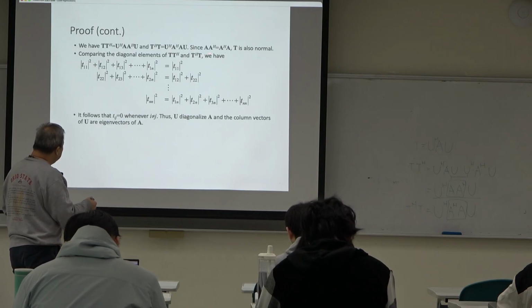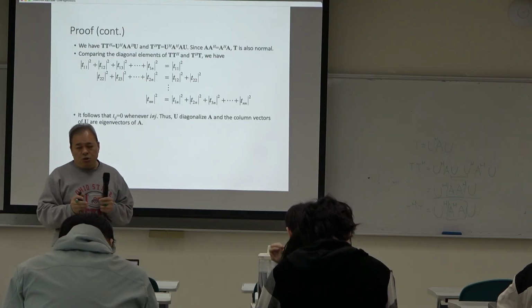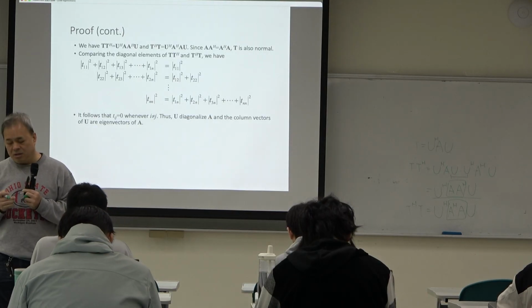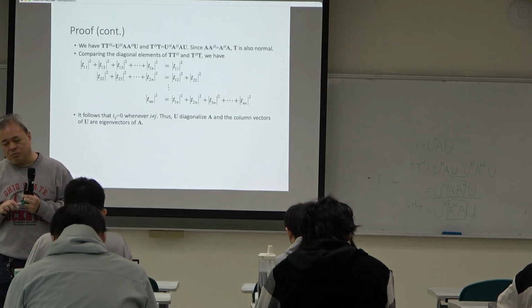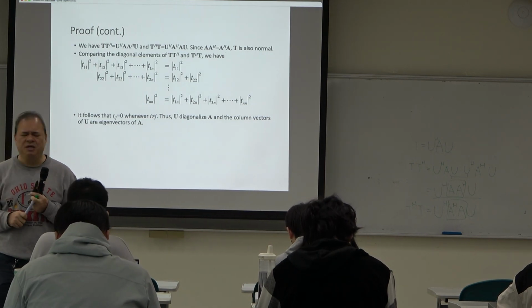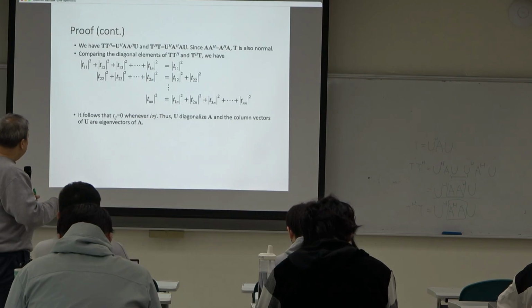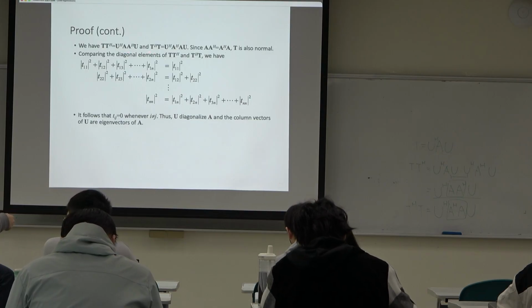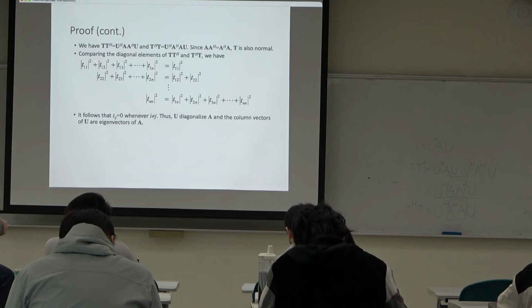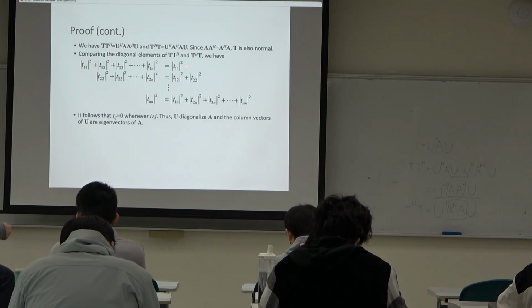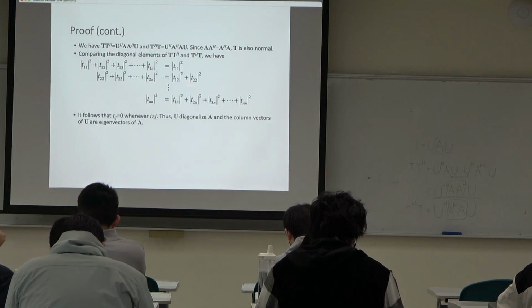Because they are the same, and remember T is an upper triangular matrix, let's concentrate on the diagonal elements of TT^H and T^HT. We get |T11|^2 plus |T12|^2 plus ... plus |T1n|^2 equal to |T11|^2, and so on.